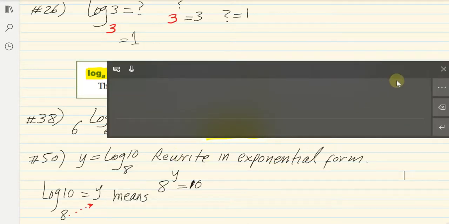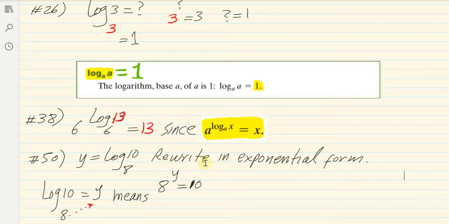What's in here? That means 8 raised to the y equal 10. So y, again, the answer to the log, y, is the power to which you raise the base to get the argument. And this is just a rewrite, so we're done with this one. We are not solving or anything.